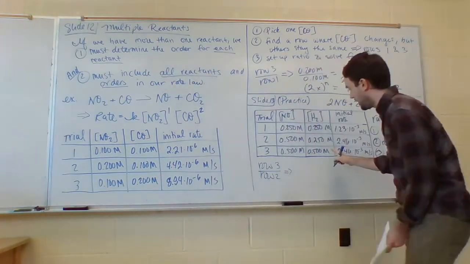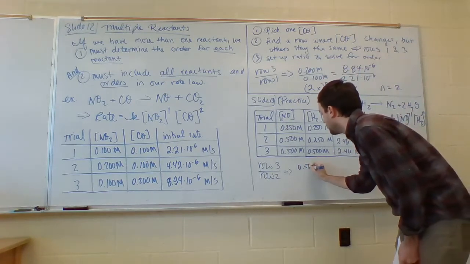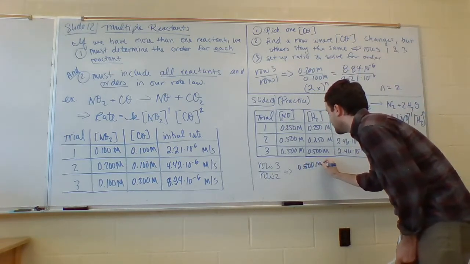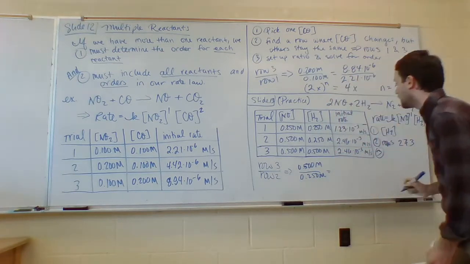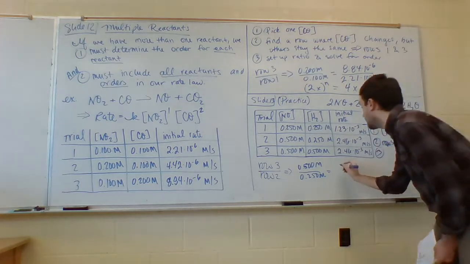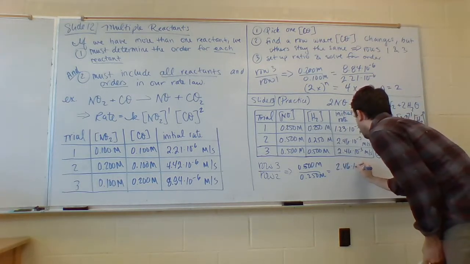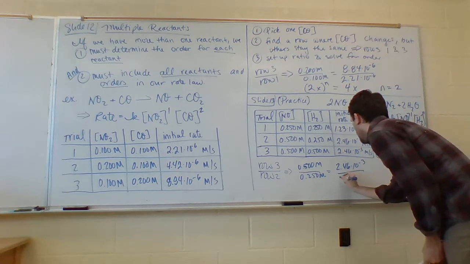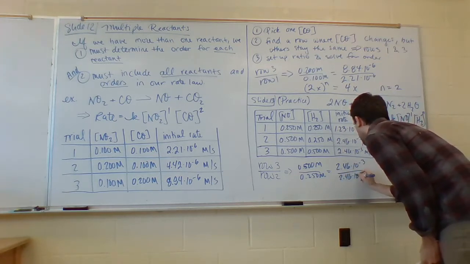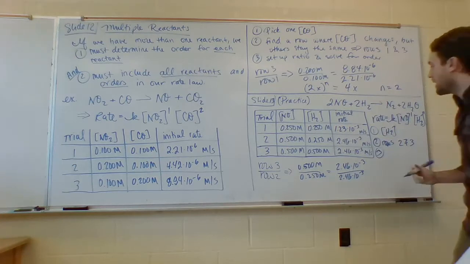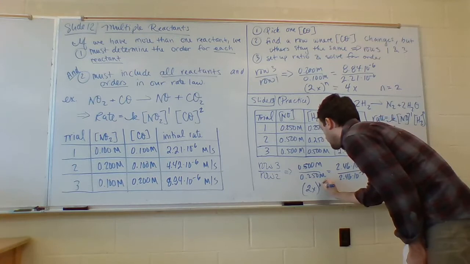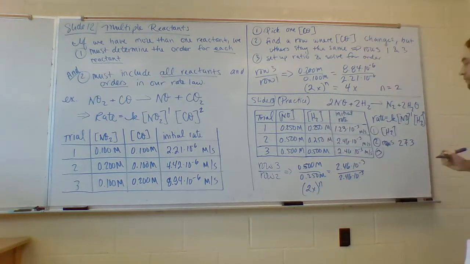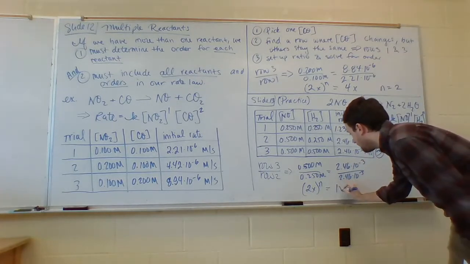Starting with our concentrations, we have 0.500 over 0.250 molar. And then over here we have 2.46 times 10 to the negative third, and we have 2.46 times 10 to the negative third. If we take our left-hand side, we have 2x raised to the n, again using our power from up there. And then notice here we have 1x.